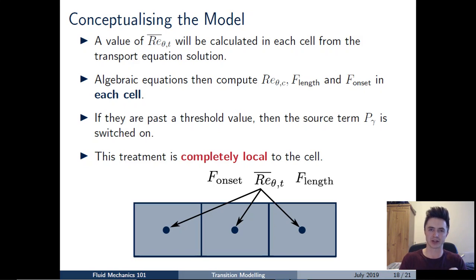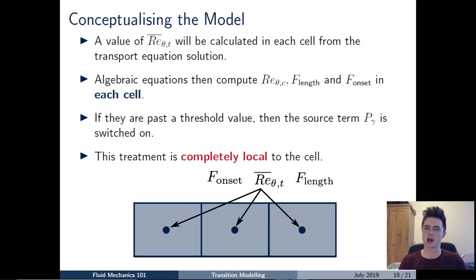So it's very important now to think of it on a cell level, that in an individual cell we're going to turn on a production of gamma, which is going to result in us producing intermittency, which is going to allow the boundary layer locally to transition from a laminar boundary layer through transitional and into the turbulent boundary layer there.